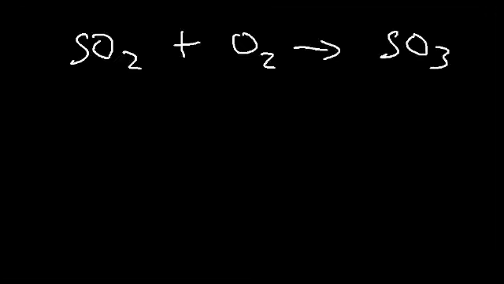Try this one. SO2, sulfur dioxide plus oxygen gas produces sulfur trioxide. Go ahead and balance the reaction. So we have a total of 4 oxygen atoms on the left side and 3 on the right side. What can we do in this particular example?